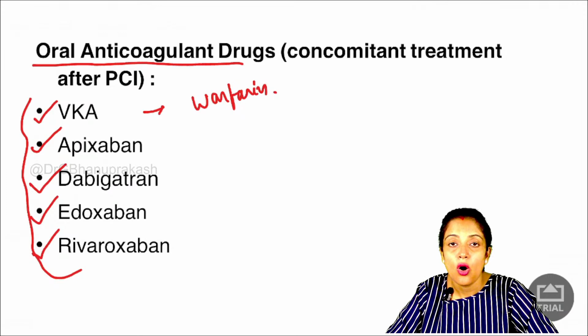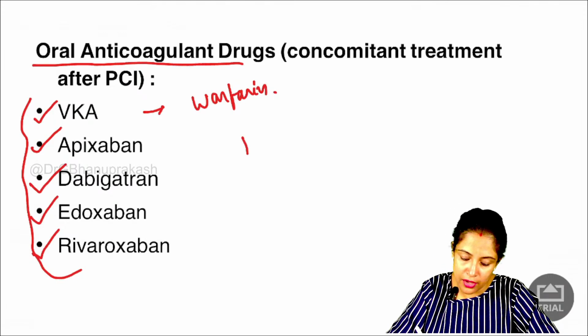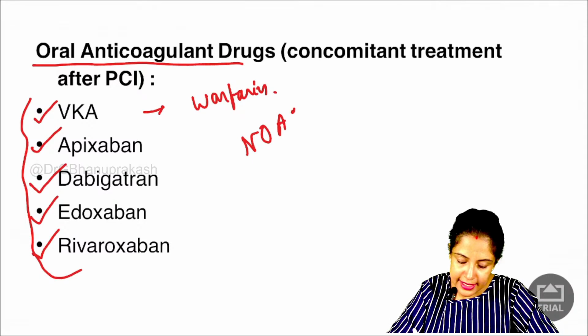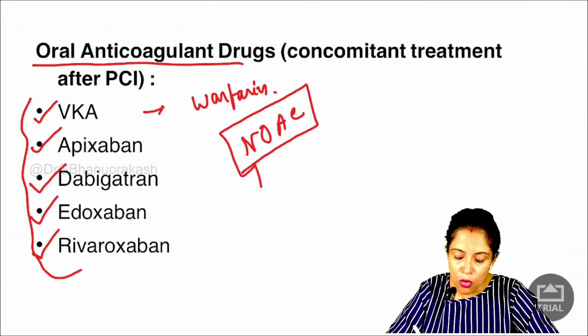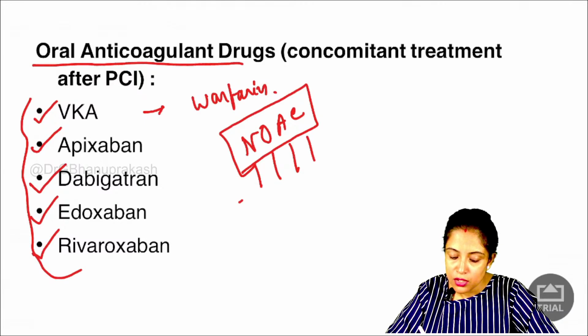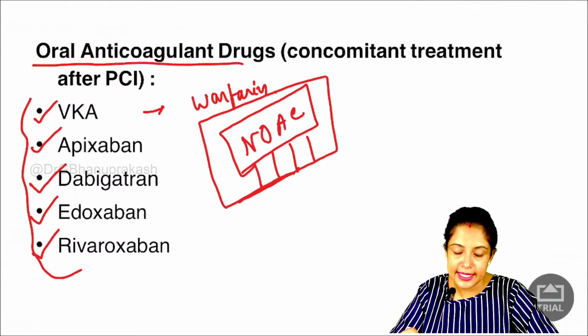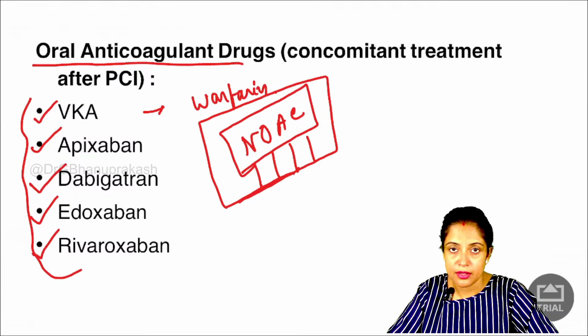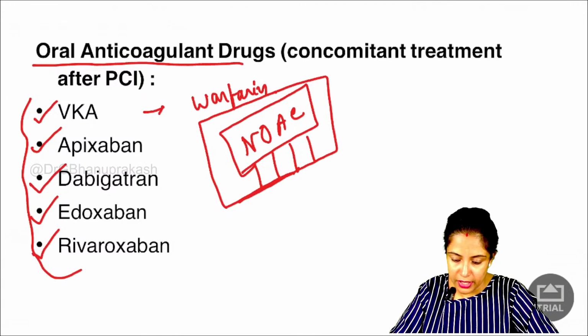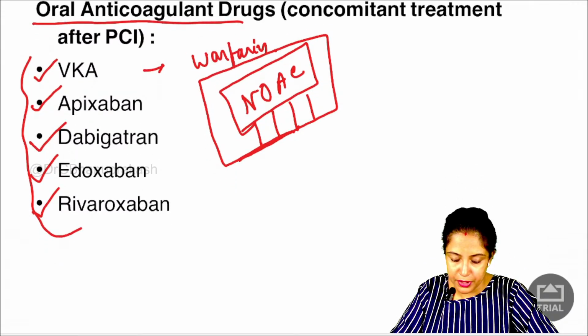They are the novel oral anticoagulants, known as NOACs, like apixaban, rivaroxaban, edoxaban, dabigatran. These can be used in a patient with acute coronary syndrome.